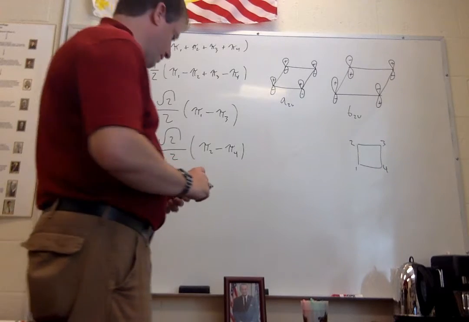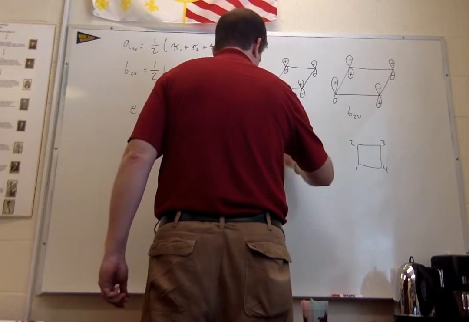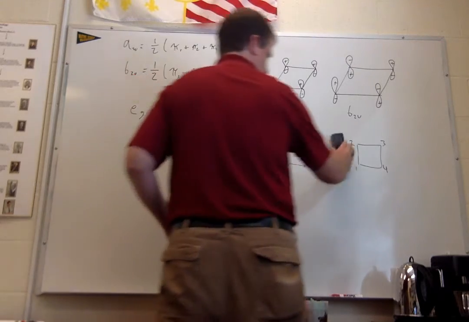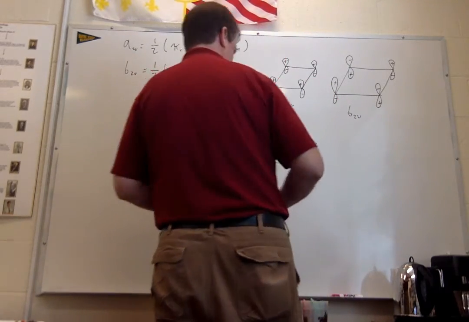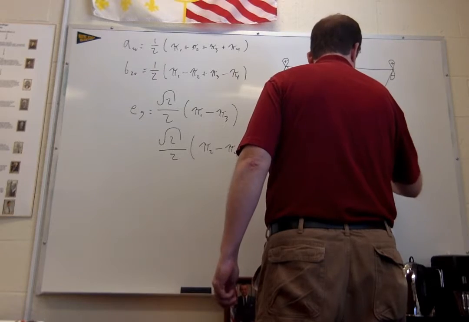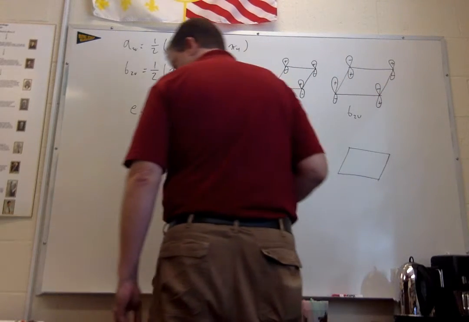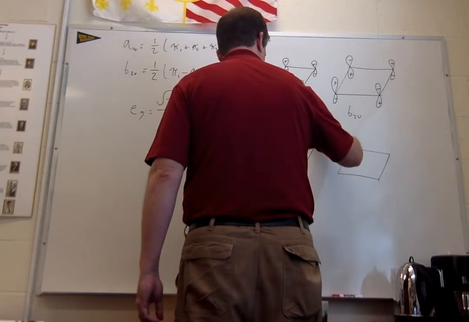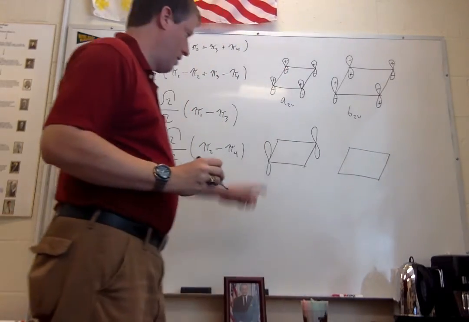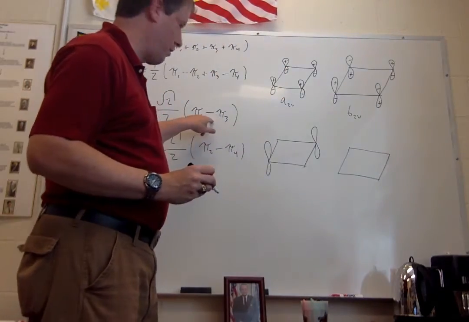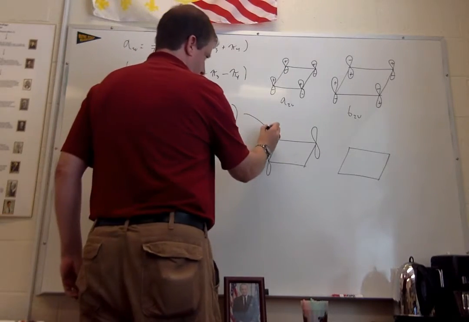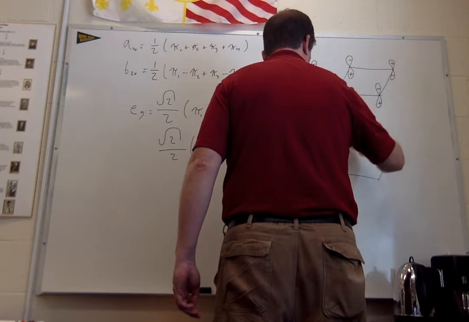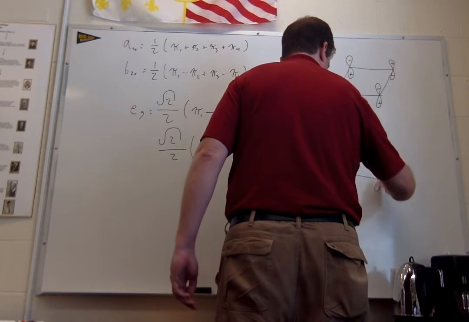So we have a set of 2 orbitals now. Where we've got amplitude on carbons 1 and 3, that's this one. Or we have amplitude on carbons 2 and 4.